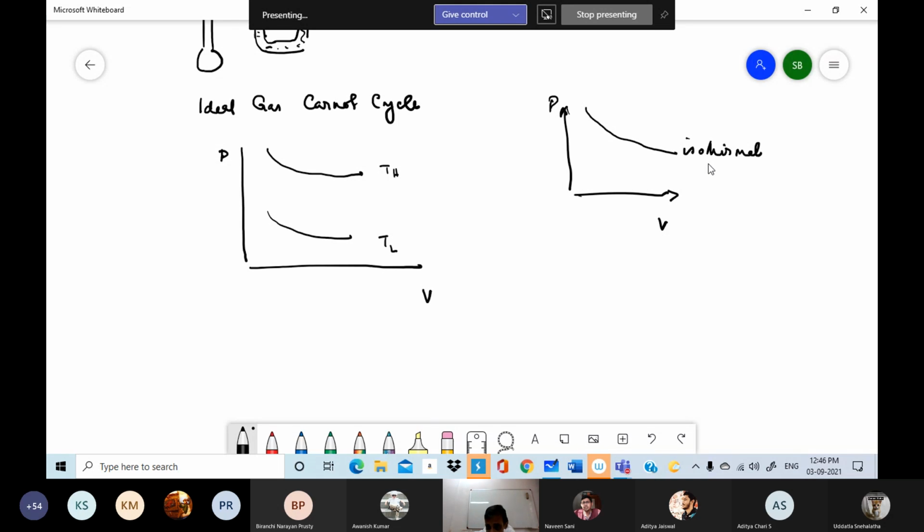So since there's no change in internal energy, I must supply a certain amount of Q in order to compensate for that work.